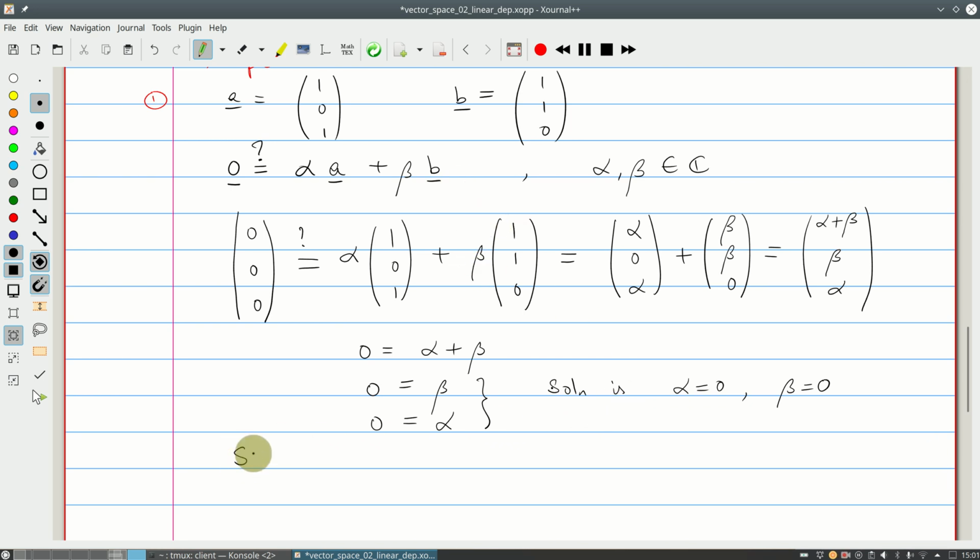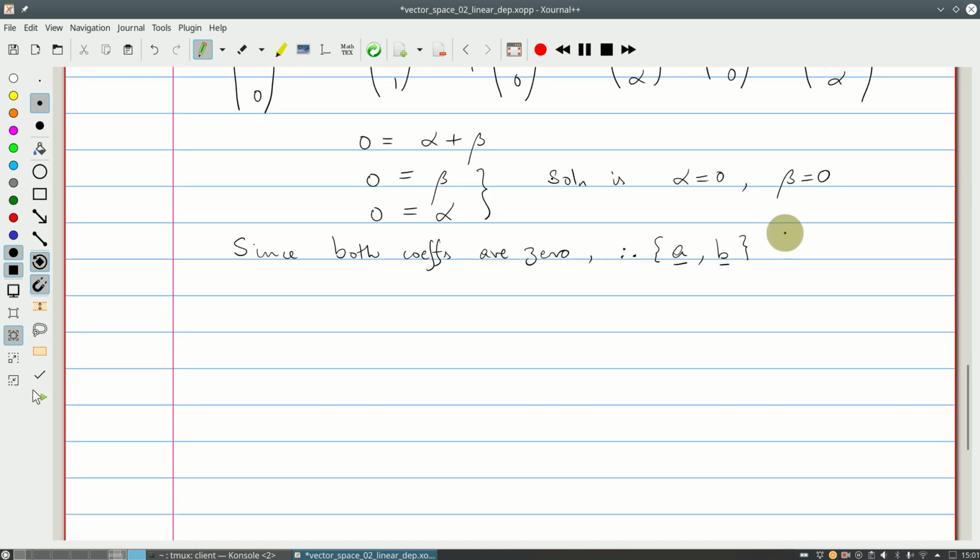So since both coefficients are 0, therefore the set A and B is a set of linearly independent vectors.